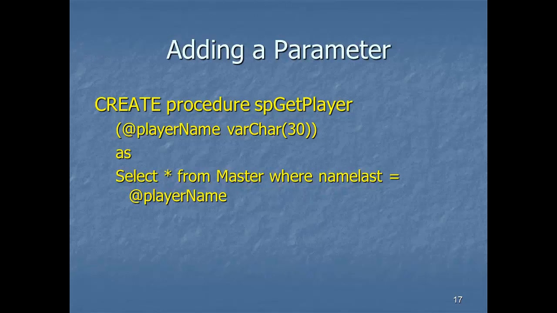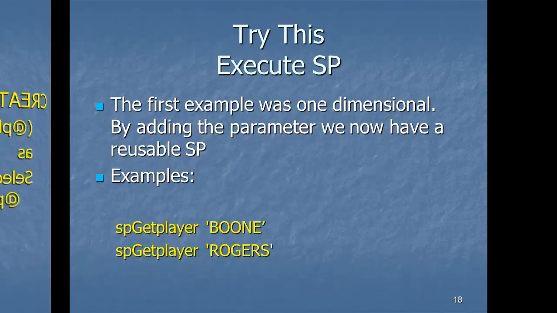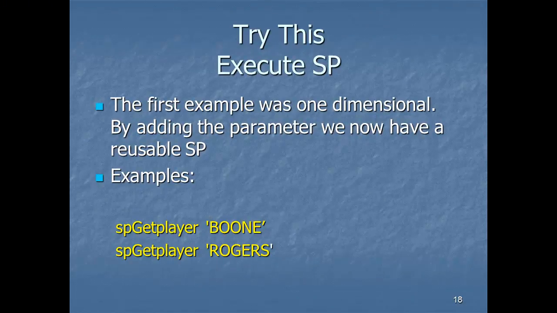And I'm going to expect that whatever player name is passed in, in this particular case, it is required. It will pass it down to that @playerName that's in the select statement. As soon as we're done with that, we'll execute it, and we should be able to make this a reusable stored procedure. Let's play with this first, and then we'll come back in and take a look at some default data.